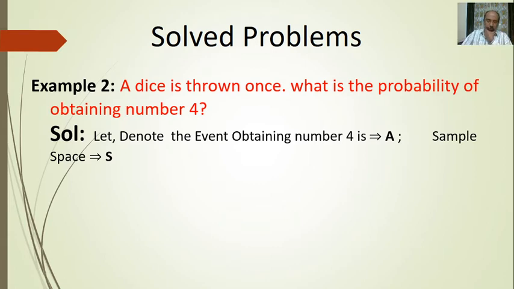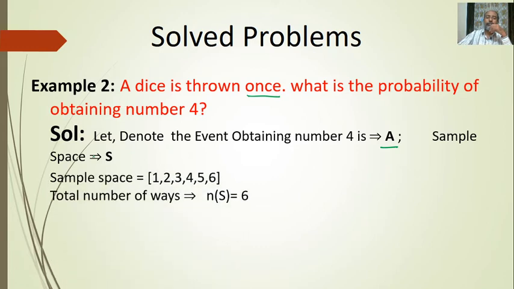Number 1: a dice is thrown once. What is the probability of obtaining number 4? Let us denote the event of obtaining number 4 as A. Then the sample space is S. How many options are available?